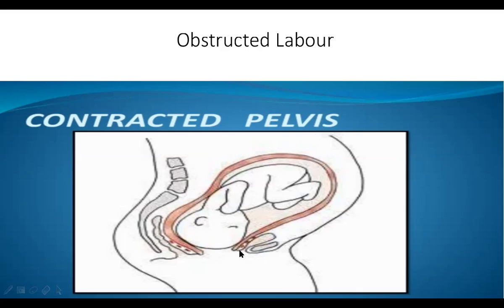As we saw in the introduction part, the normal shape of the pelvis, that is gynecoid shape, is important. If there is an abnormality, such as platypelloid or other shapes, it can lead to difficulty in labor, that is called a contracted pelvis. So the delivery does not take place, and that is called an obstructed labor.